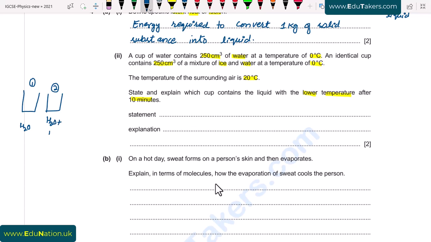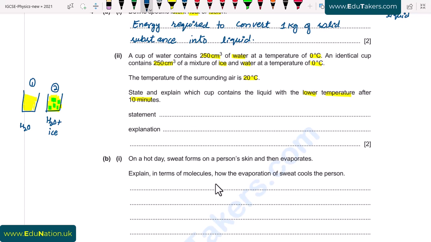So the first cup will contain only liquid, while the second one contains liquid and solid. Solid is basically ice. So this is liquid and this is solid inside this.